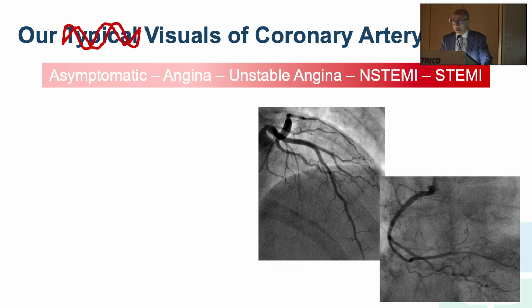I'm going to try to convince you that you can have angiograms like these and still have coronary artery disease, just a different form. These patients also can have acute coronary syndromes and can have angina or unstable angina.